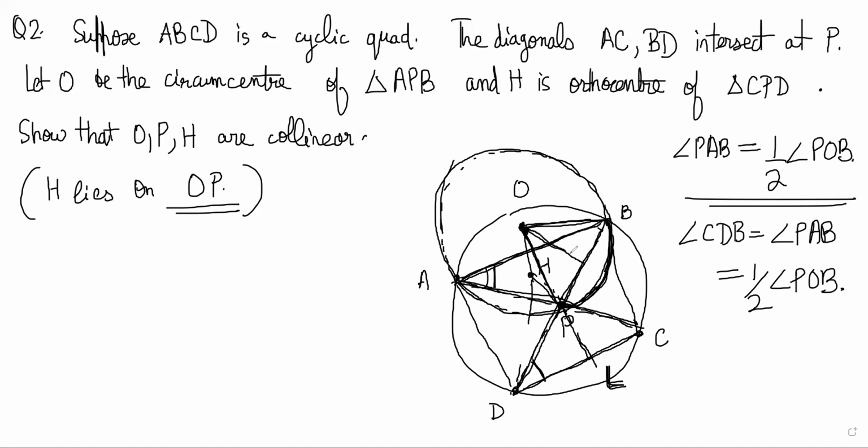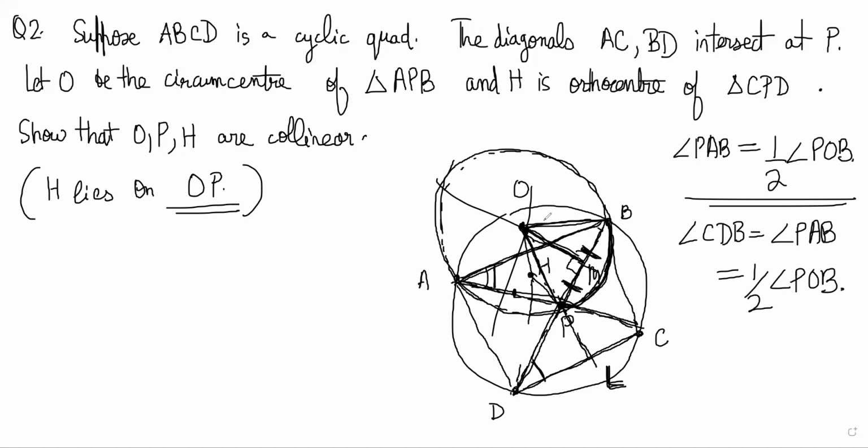So any side's perpendicular bisector will intersect at O, right? Both the sides' perpendicular bisectors should intersect at O. So if you drop a perpendicular here and make it point M here, you can say that angle POM is equal to angle BOM, because this is equal to this, and those are radii. It is an isosceles triangle.